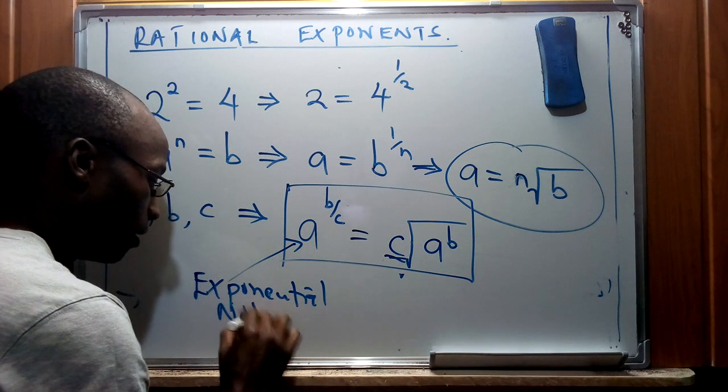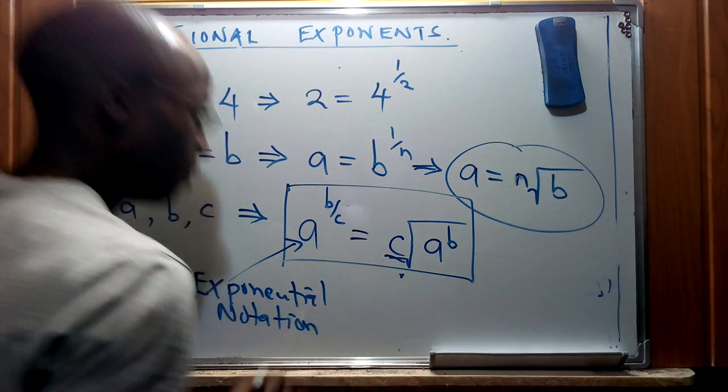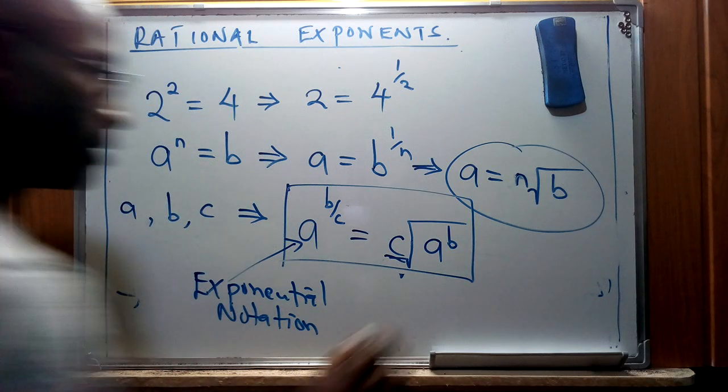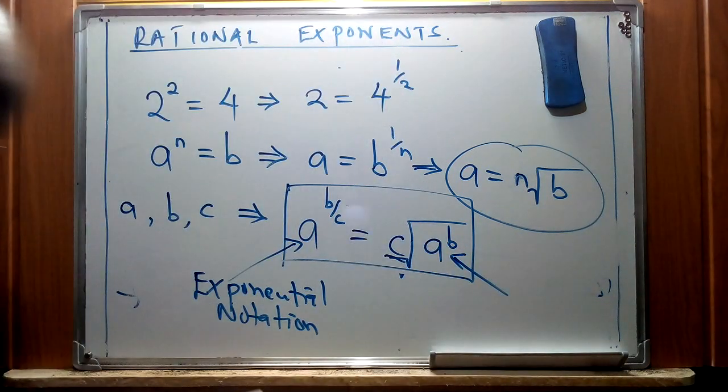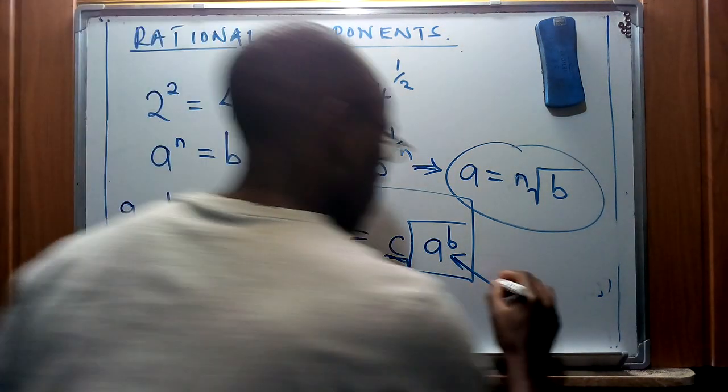This is an exponential notation now that we have talked about the concept of notation. And the second part, which is this one, is referred to as the radical notation.